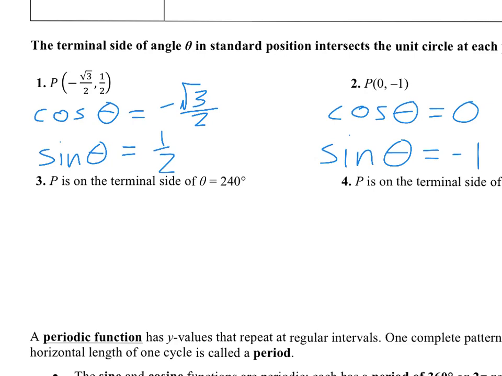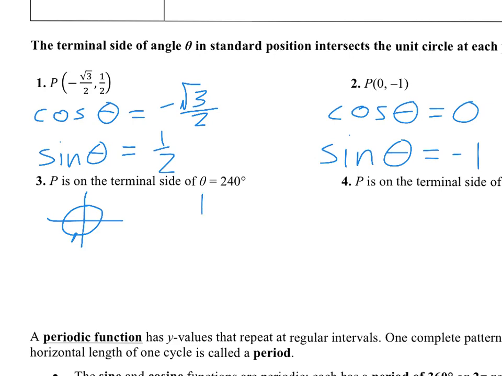Alright, for the rest of these, you're going to need to know the unit circle. So I'm going to make a mini unit circle. I know that 240 degrees is in quadrant 3. So if you go to 180, then you go 60 more, it should be around here. So that coordinate has a smaller x-coordinate than a y-coordinate.